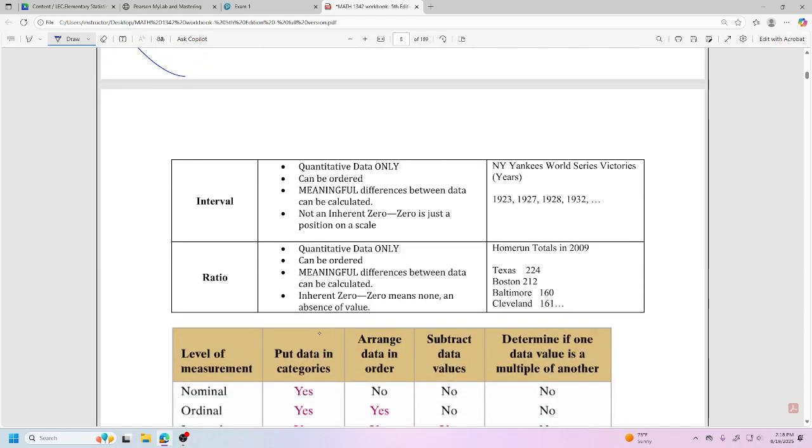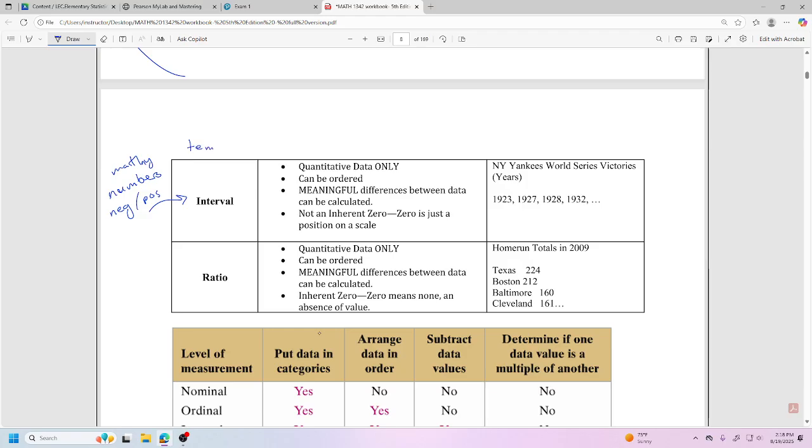Here's the others. So interval is numbers, but they could be negative or positive. So I'm going to say these are numbers, and it's math, like mathy numbers that can be negative or positive. Just some quick examples, because I think this one's a little weird.